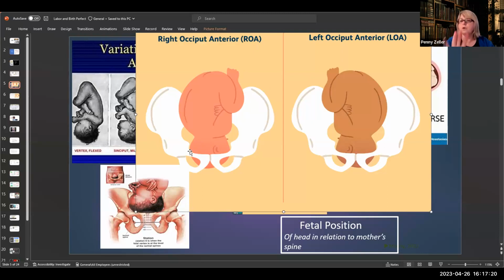So it's facing forward. And then the other one is the left occiput anterior, LOA. This is the most ideal position to begin to be delivered and to descend during that transition and during delivery. It's the most ideal position, either one of these.